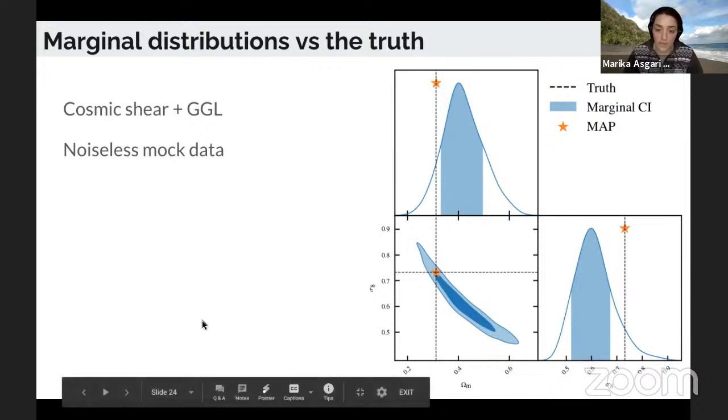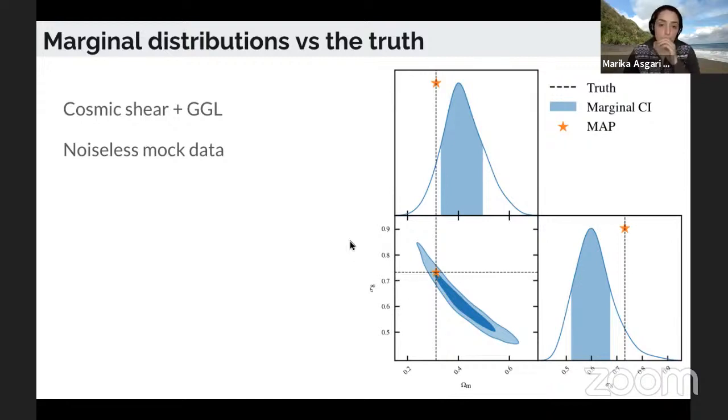But what's happening here is that your contours don't match with your input. Your input is shown as dashed lines, but your contours seem to want some value that is different. Like it's a higher value for omega m, lower value for sigma 8.